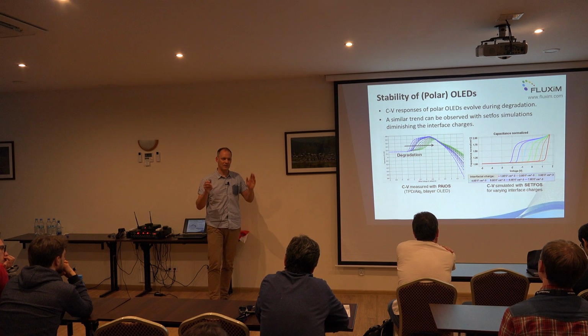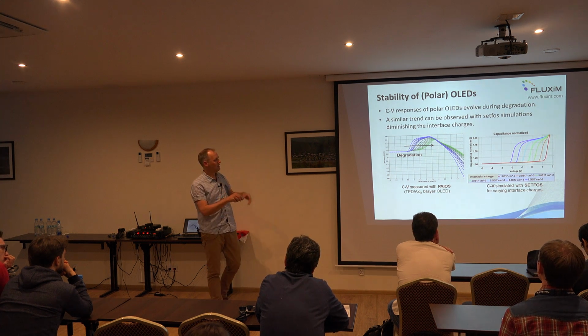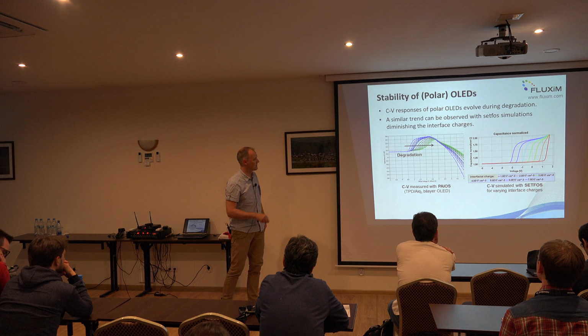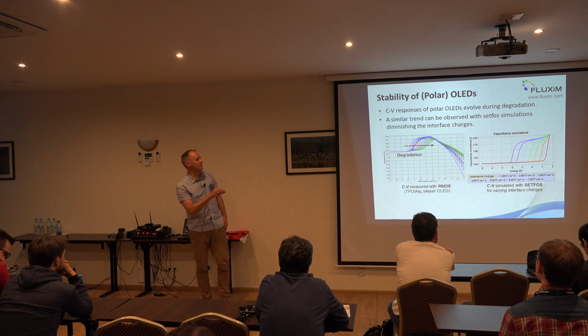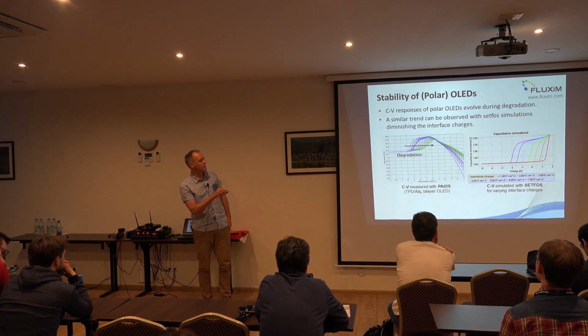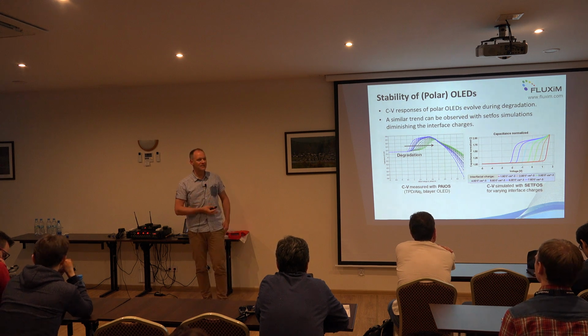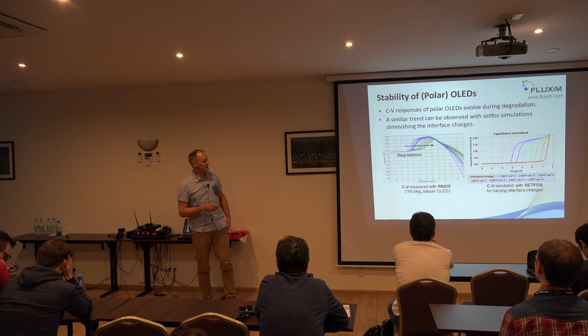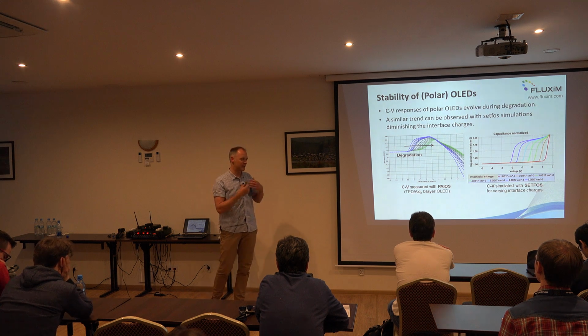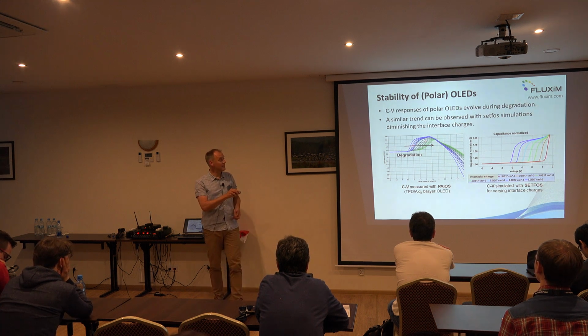That's typical for bipolar injection. Then the recombination starts and the capacitance goes down. But the interesting thing is that the transition voltage shifts to higher voltages after prolonged degradation, prolonged stressing. So we have just driven at constant current, and we see that this signature goes to the right.